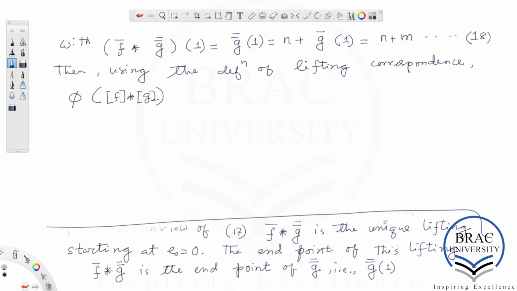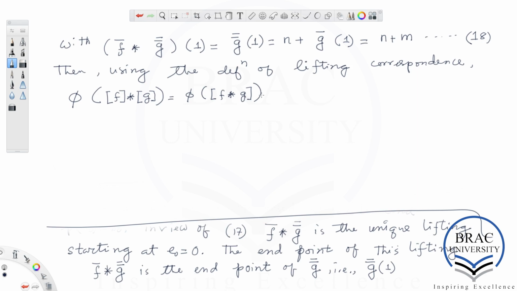We are taking the product of these two loops in the fundamental group of B with reference to the distinguished point B0, and so from the well-definedness of this product, this is nothing but the class of the product of the two loops f and g.